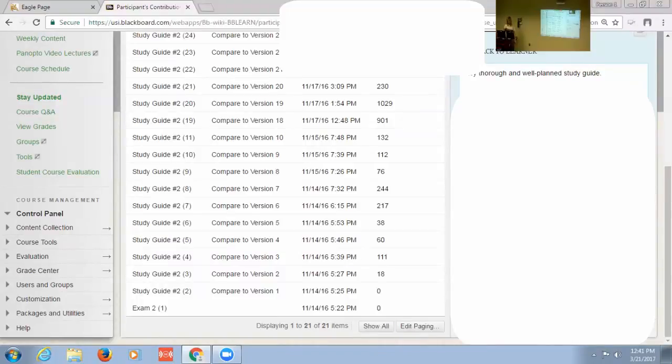Looking at that word count, modified 70%: do you take that as a good showing of how much that particular student did? This particular student, not necessarily.